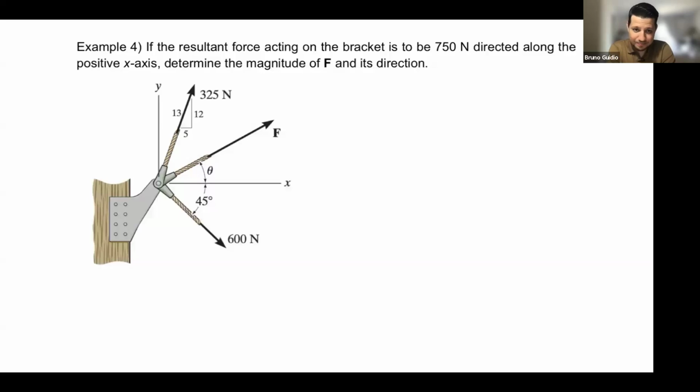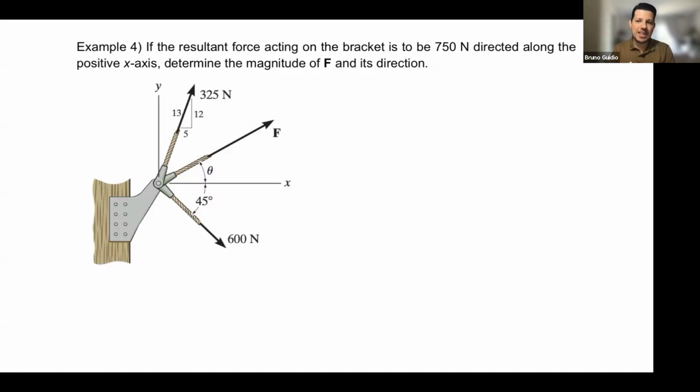So let's see what it's saying here. If the resultant force is to be 750 newtons, so it's already giving to you the magnitude of the resultant.